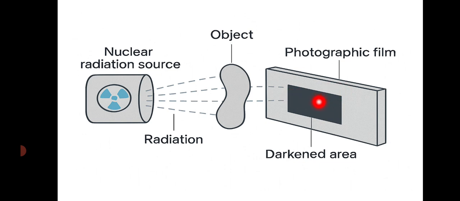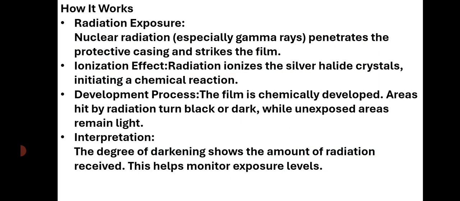Right, so this is just a diagram to illustrate the working of the photographic film to detect the presence of radiation. So how does it work? So the first stage is the radiation exposure. Nuclear radiation, especially gamma rays, penetrate the protective casing and strikes the film.